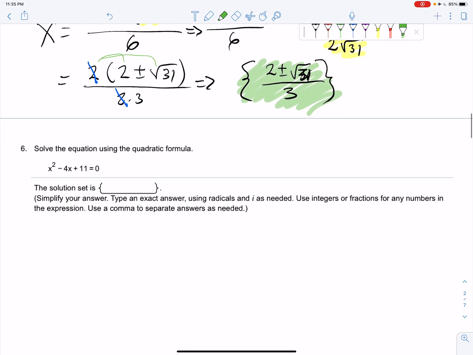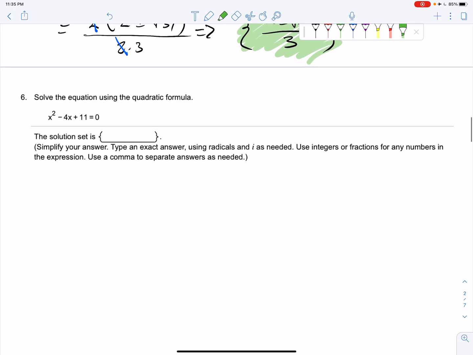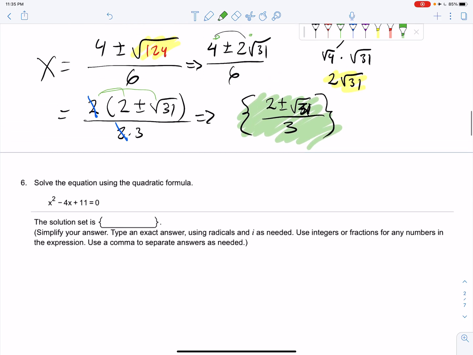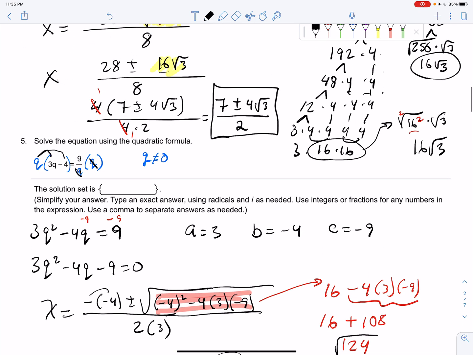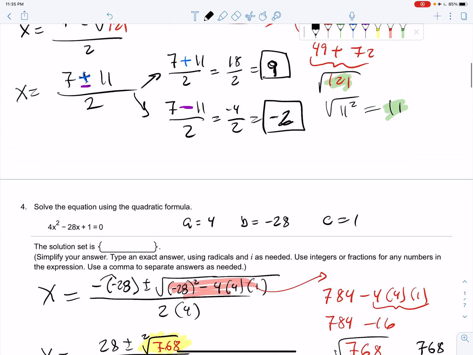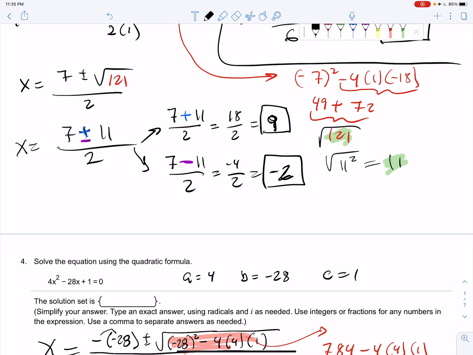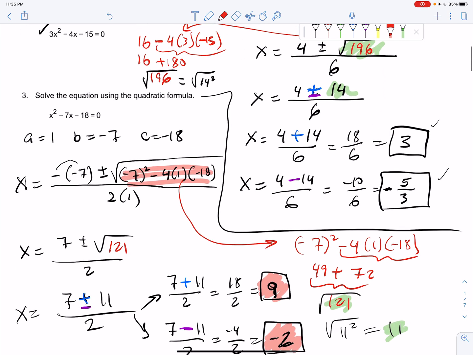All right, solve the quadratic equation by using the quadratic formula. Here we go again, okay? And so I guess what I do want to highlight here is let's look back at this solution that we got, a final solution of 9 and negative 2. Those are two rational solutions, which means you could have actually solved this problem by factoring, okay?